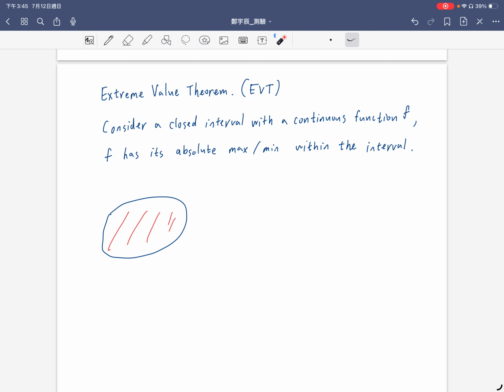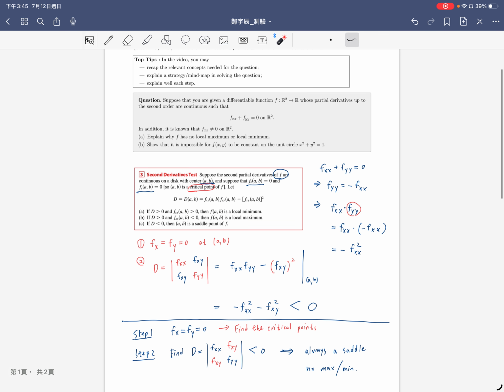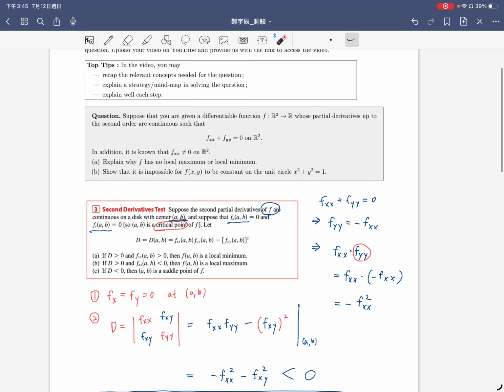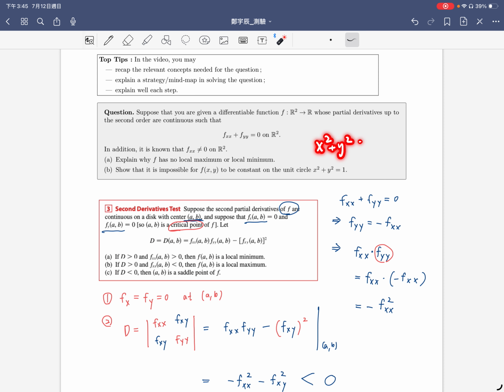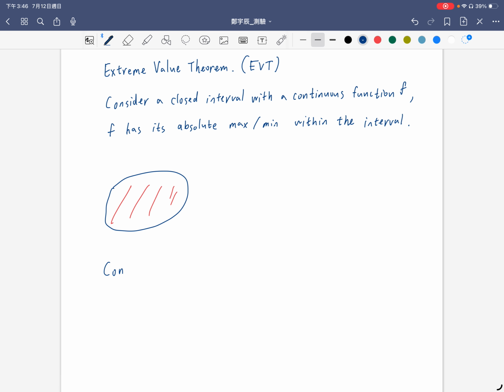So let's get back to the problem. This question states, let's consider the region x squared plus y squared smaller than 1. So it is a unit circle, right? And since f is continuous over this region, there has to be an absolute maximum and minimum within this region. Okay, so let's consider the unit circle.